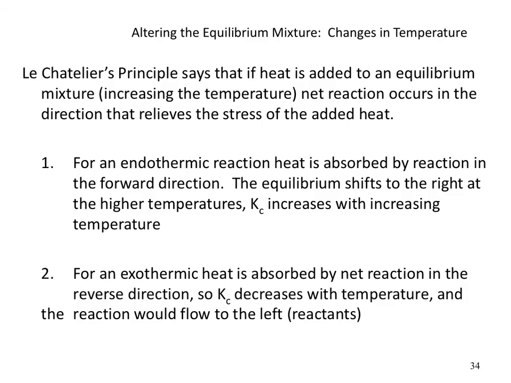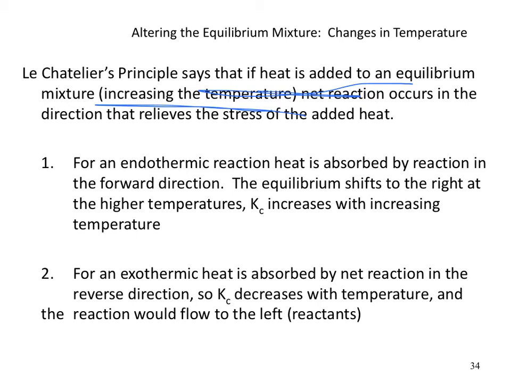So according to Le Chatelier's principle, if the temperature of a system at equilibrium is changed, then the system will shift in a direction to counter that change. That means if heat is added to an equilibrium mixture, heat being added means temperature being raised, the overall reaction is going to go in a direction to relieve that stress.